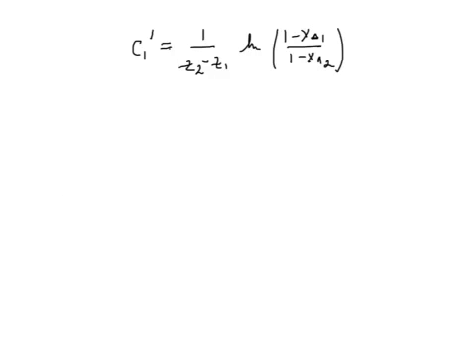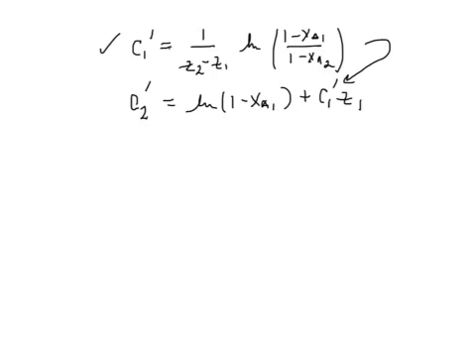Okay, so we've rewritten the first integration constant, C1 prime, and then C2 prime again follows from equation 4a, so that would be log of 1 minus XA1 plus C1 prime Z1. So the top equation is substituted in for C1 prime, thereby obtaining C2 prime.